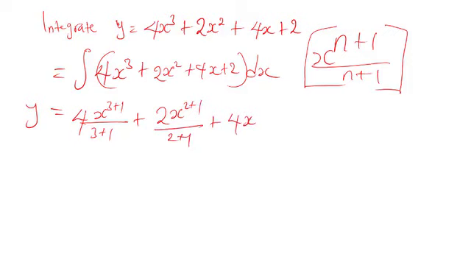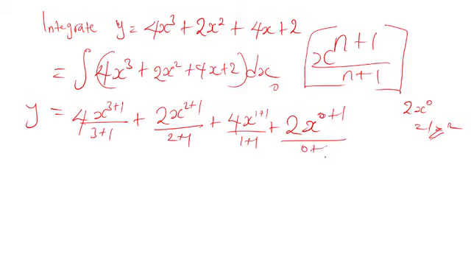So we now have 4x raised to the power 1 plus 1 over 1 plus 1, plus 2. The value of n here is 0, because 2 is the same thing as 2x raised to the power 0, since x raised to the power 0 is equal to 1, and 2 times 1 is 2. So we now have 2x raised to the power 0 plus 1 all over 0 plus 1, then plus the constant term.